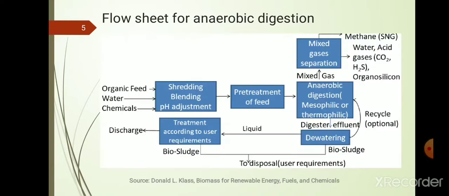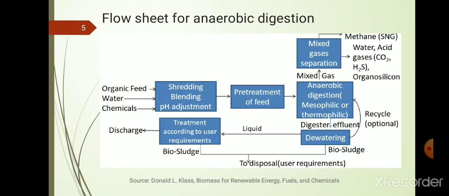And this is a typical flow sheet of anaerobic digestion. So first we have to prepare the biomass before anaerobic digestion, that is shredding. If our biomass is of large size, for example our food waste, it should be minimized.